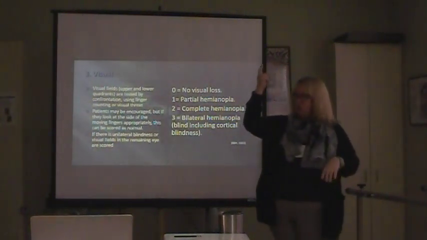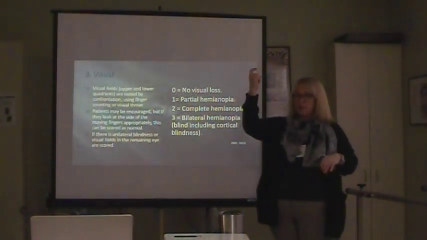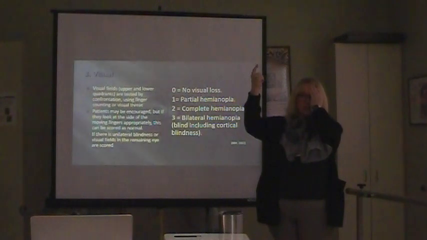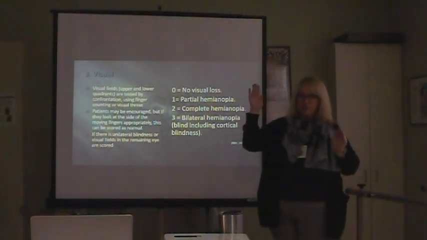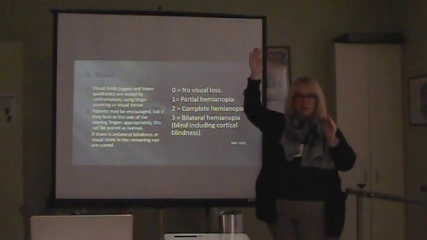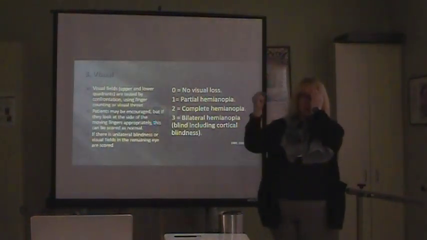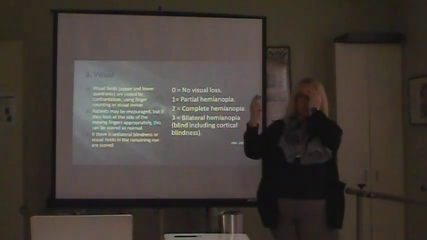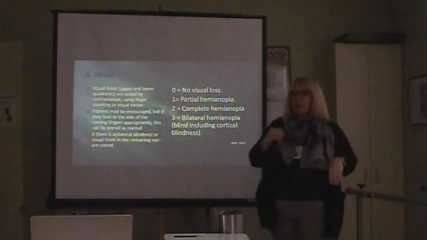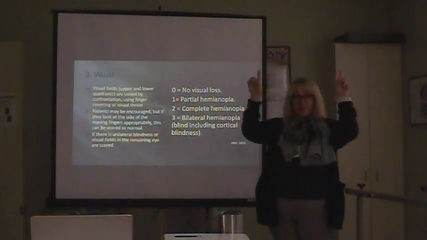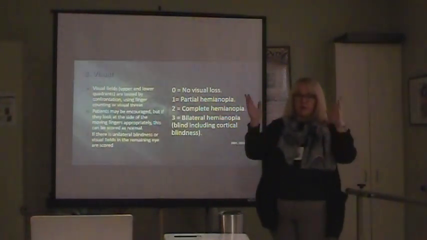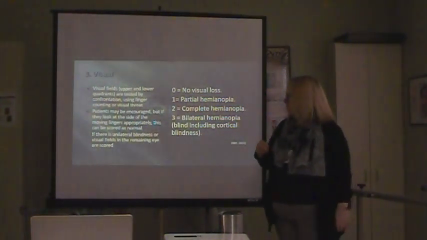Now if you have somebody who says, oh, I don't see your finger at all, obviously you have a visual field cut in this quadrant, okay? Or here, and they say, I don't see anything here or here, you have a visual field cut in this quadrant. You do the same thing on both eyes and add up each quadrant and the pattern that you find with that.